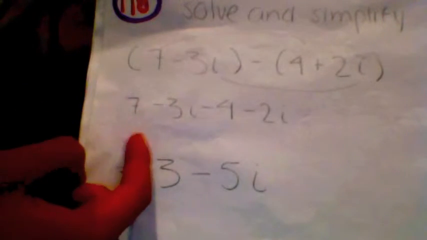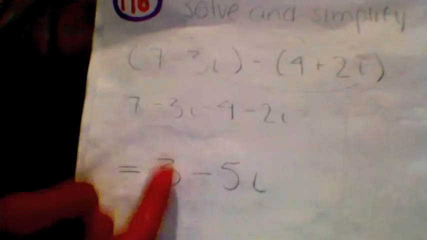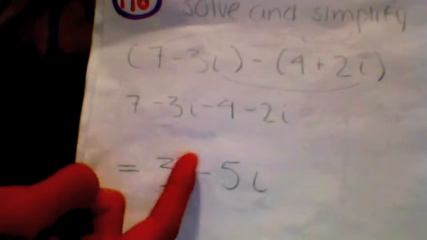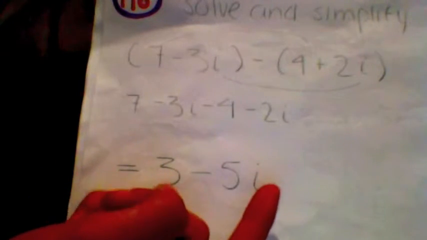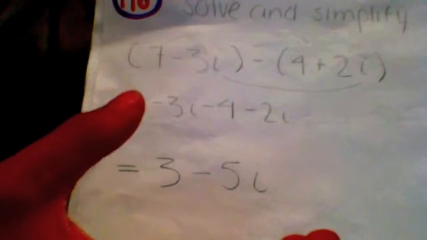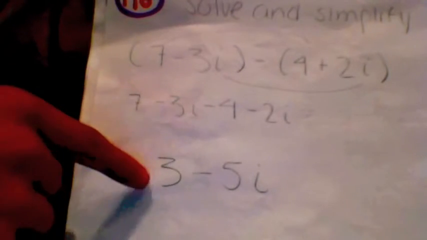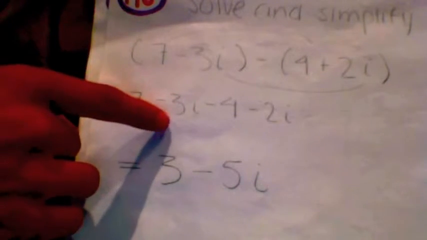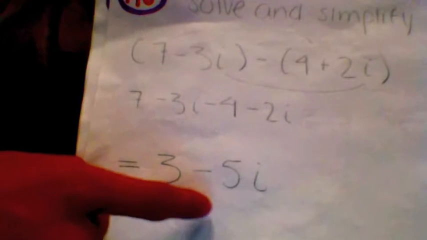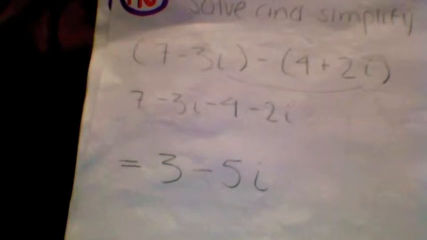So when you do it, the answer is going to be like this: 7 minus 3i minus 4 minus 2i. Then the only thing you have to do is simplify with the common factors. So 7 minus 4 equals 3, and minus 3i minus 2i equals minus 5i. So the answer has to be in the form a plus bi.